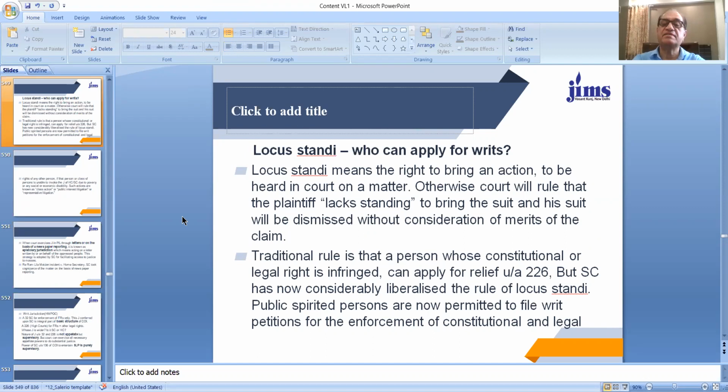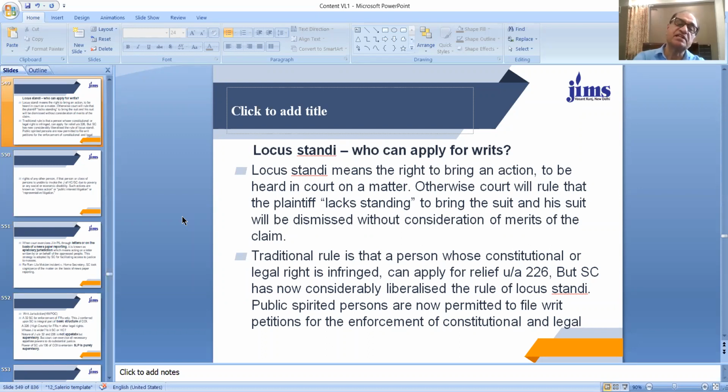Otherwise, if you don't have locus standi, the court will rule that the plaintiff lacks standing to bring the suit, and his suit will be dismissed without consideration of the merits of the claim.